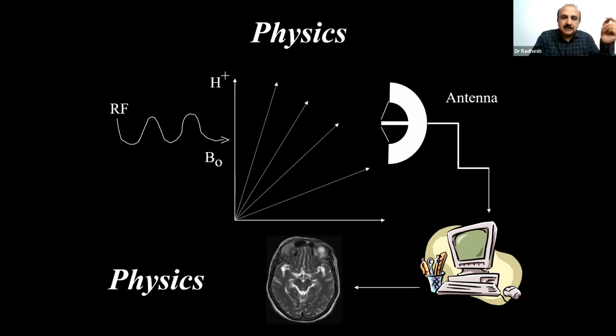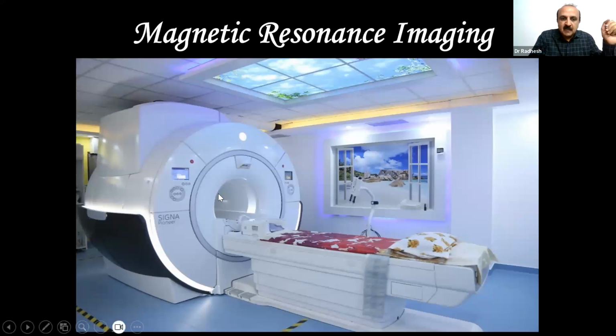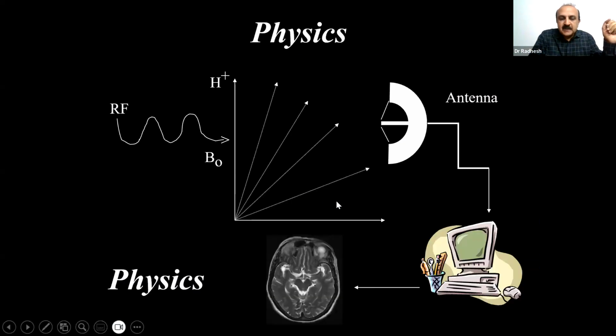Now, let's recap in 1 minute again. This is the magnet. This is the bore of the magnet. The magnetic field extends from the entry to the end of the tunnel. When a patient is positioned within the tunnel, the hydrogen protons align along the magnetic field.